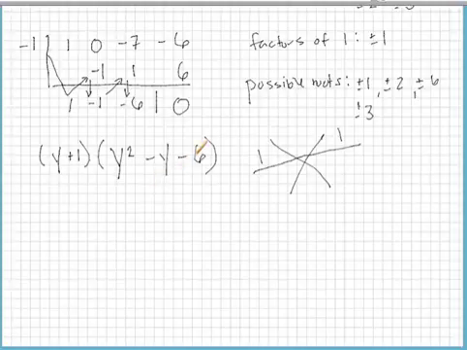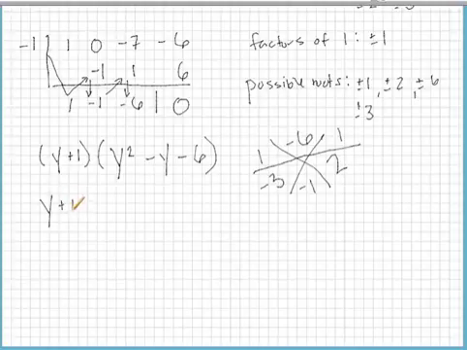We are looking for something that multiplies to negative 6 times 1, or just negative 6, and adds to negative 1. I know that 2 and 3 are factors of negative 6, and that if I add negative 3 plus 2 together, I get negative 1.